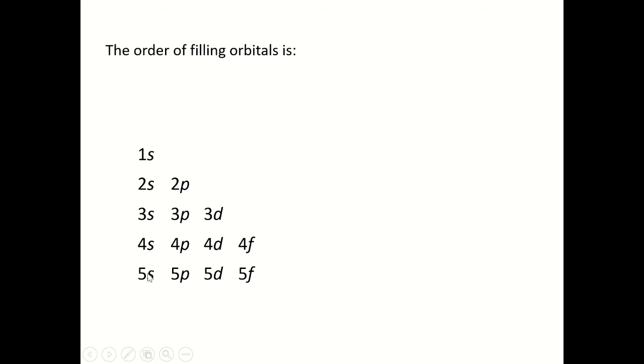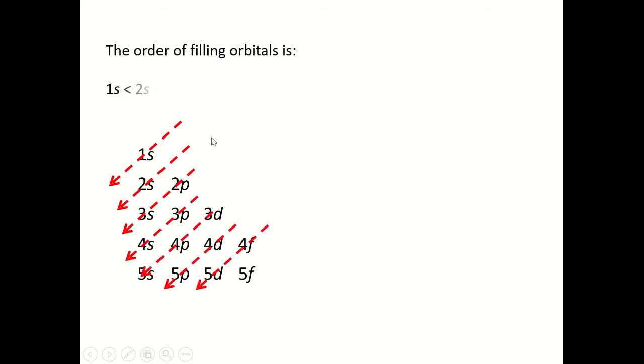When n equal to 5, there are also 4 subshells. So we need to draw the rainfall diagram in order to fill the orbitals, starting from 1s, 2s, and then 2p, 3s, 3p, 4s, 3d, 4p, 5s, and so on.